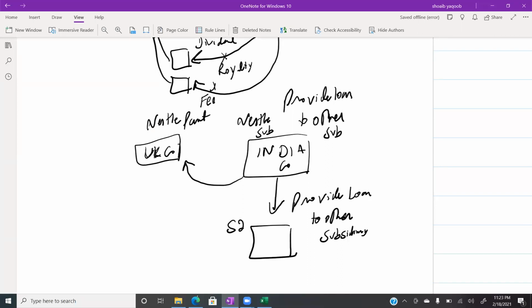The Nestle subsidiary will provide a loan to the Unilever subsidiary. There is no connection between Nestle and Unilever. And in return, the Unilever parent will give that amount to the UK company, to the Nestle parent.